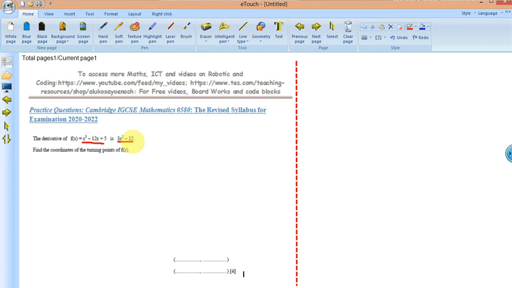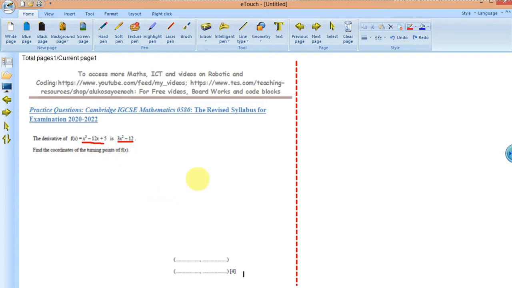So to complete this type of question, what are we going to do? We have to find the coordinates of the turning point.